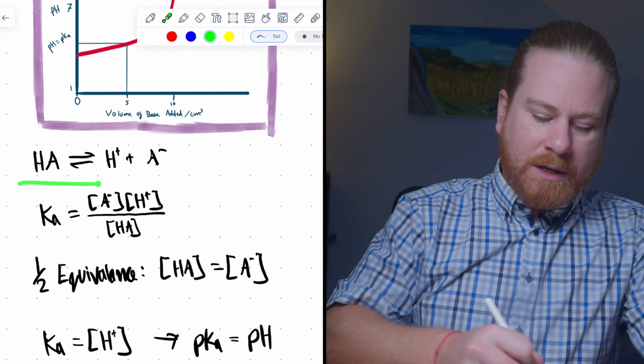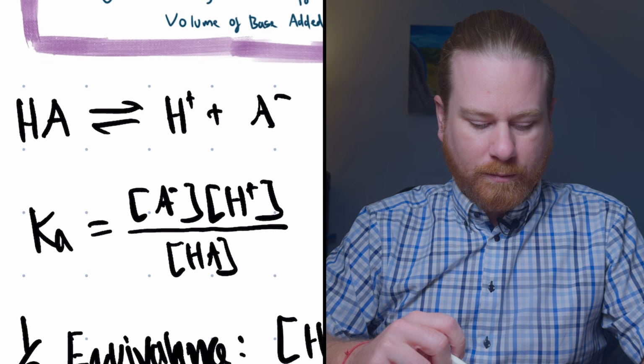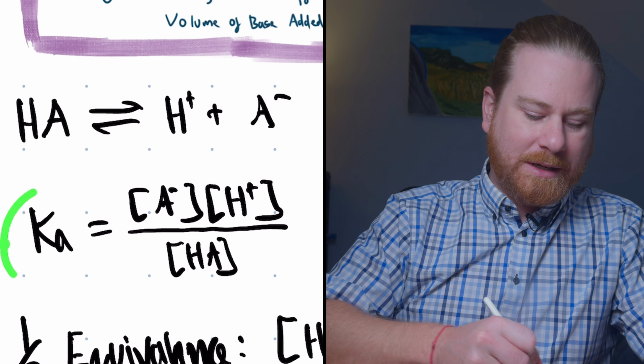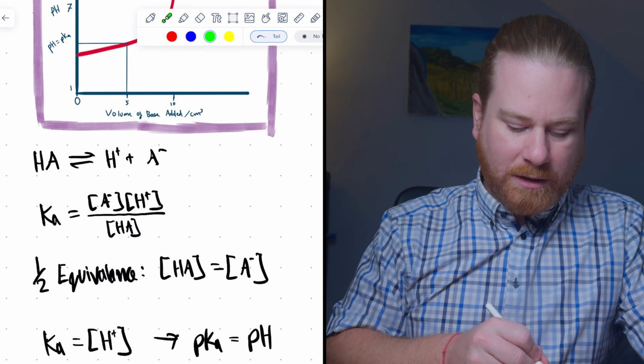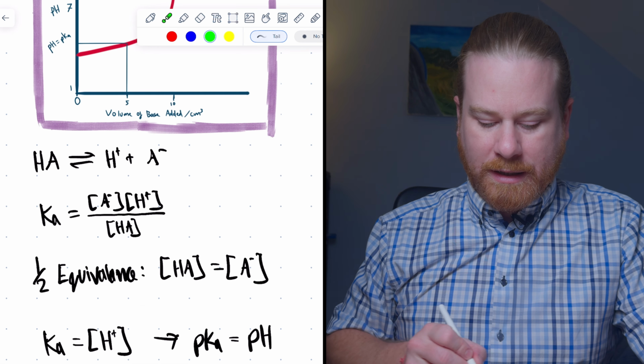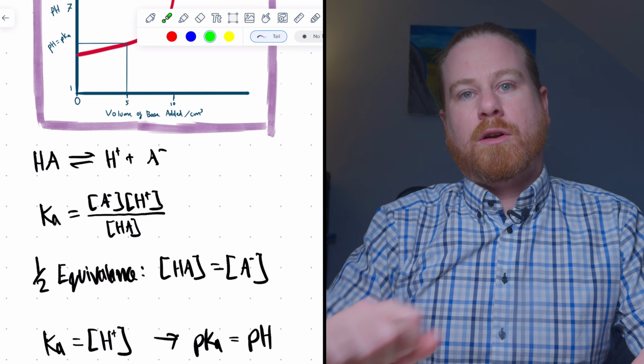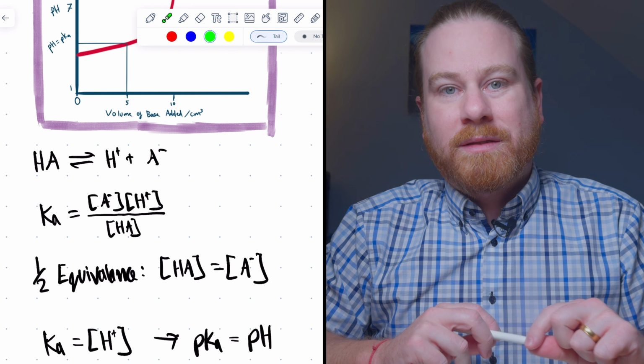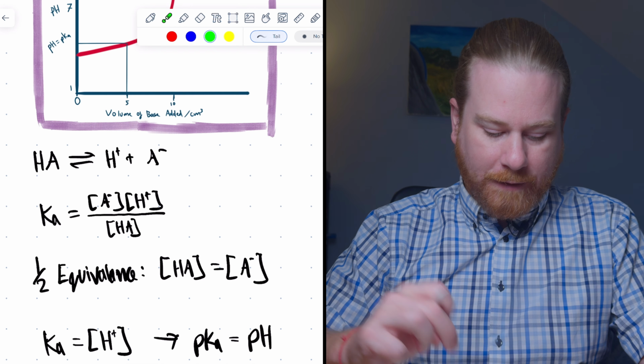So here is just a quick expression, which we can then write as a Ka expression. So at the half equivalence point, the concentration of the acid is the same as the concentration of the anion that has been formed.